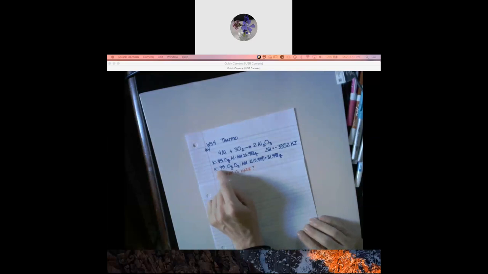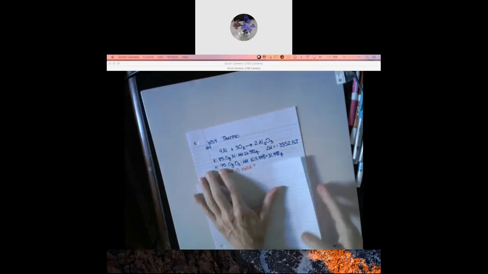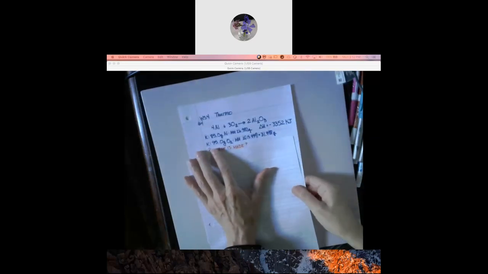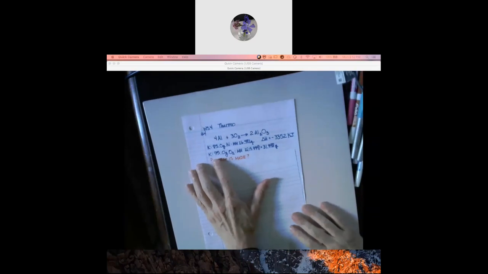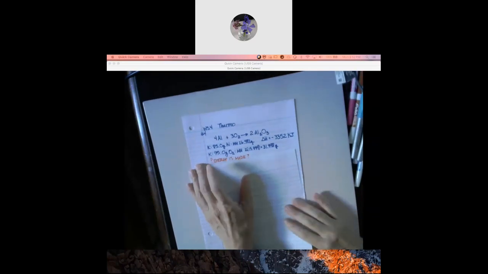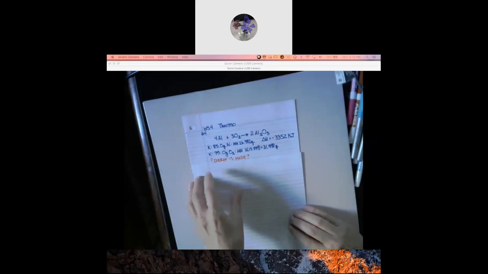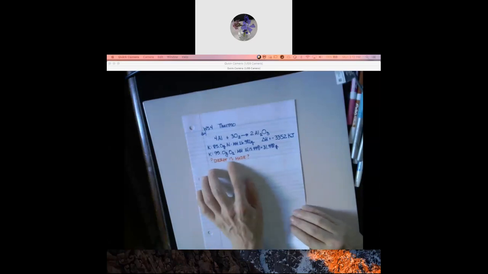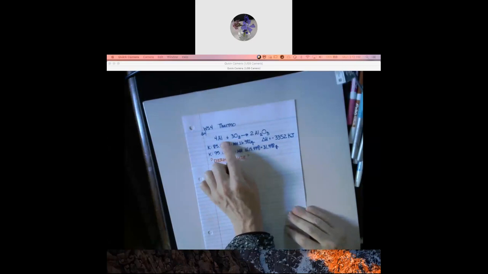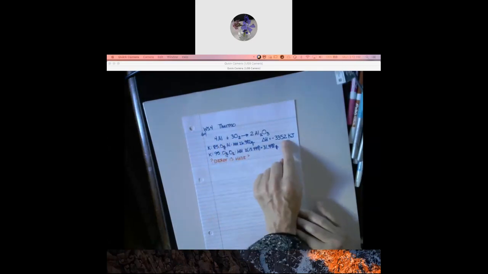So in order to use the chemical reaction in the stoichiometry, you can't do anything without converting everything to moles, because this is the mole ratio. And it says that if I had 4 moles of aluminum, that's how many kilojoules I would produce.